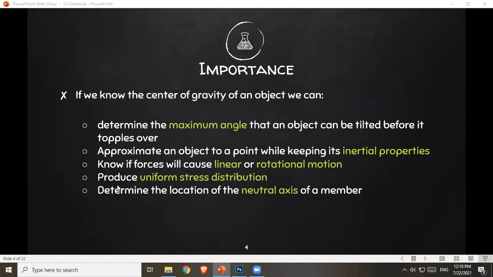And then the fourth thing is that we can produce uniform stress distribution. This is important because loads must be placed so that the line of action of the resultant coincides with the centroid of the cross-section of the member.